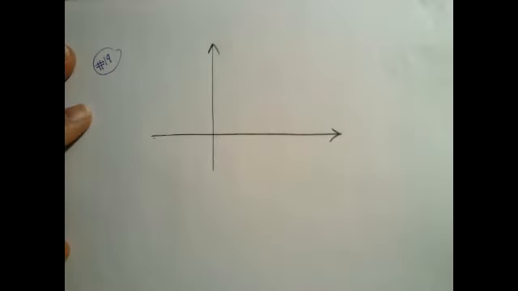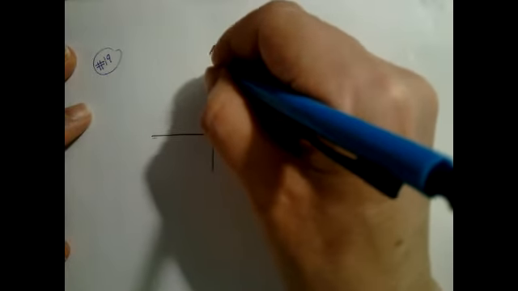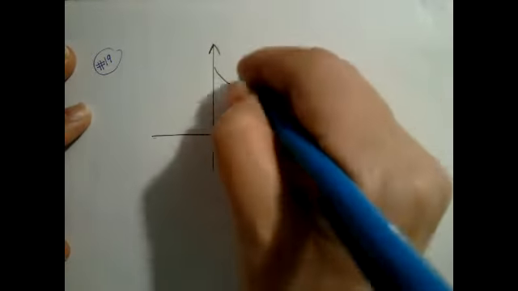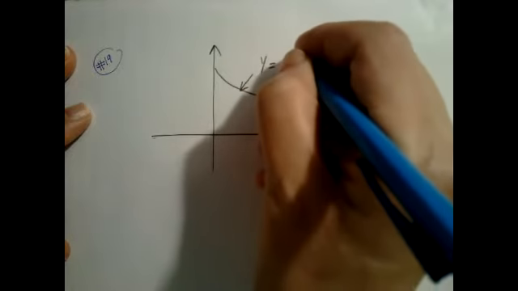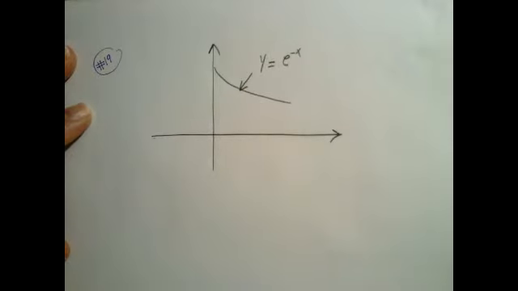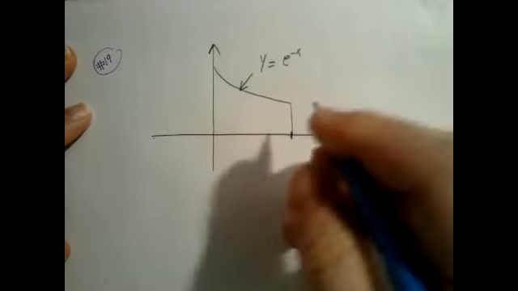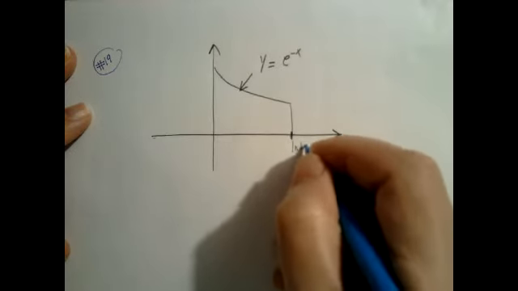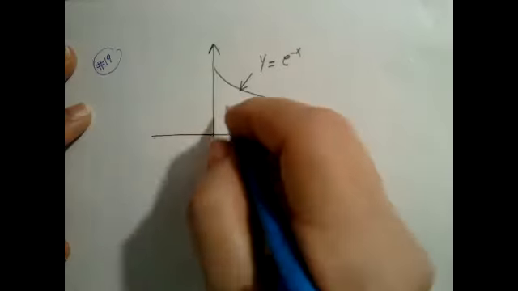We have the graph of the function y equal e to the minus x, and the line x equal ln of 4, and the positive x-axis and the positive y-axis.